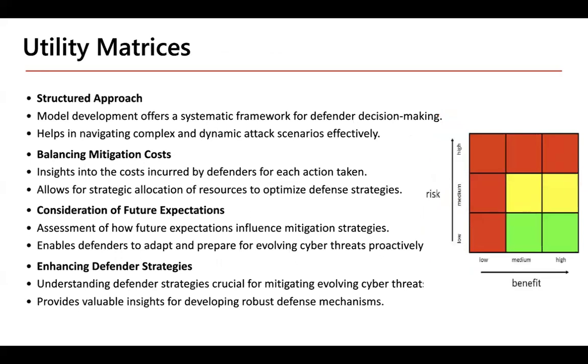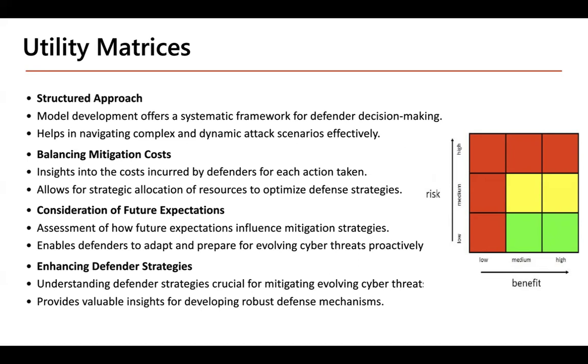Then the utility matrices. In the attack graph shown, there are different sets of actions available to both the attackers and defenders as the game progresses. In action set 1, the attacker has 4 options: do nothing, or try to exploit vulnerability 1, 2, or 3. The defender also has 4 choices: no mitigation, or apply a honey patch to vulnerability 1, 2, or 3.